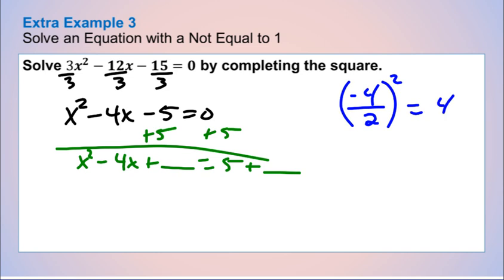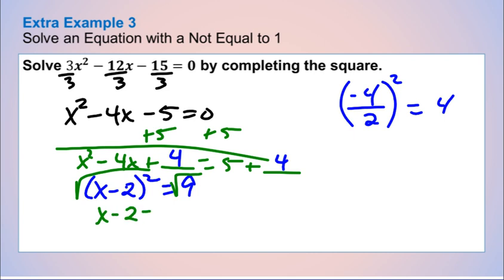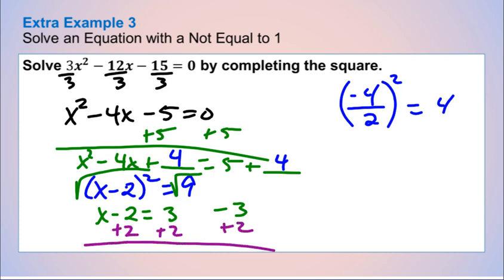Squared will give you 4. So now I have x minus 2 squared equaling 9. To undo a square, I find the square root, and I'm left with x minus 2 equaling a positive 3 and a negative 3. Add 2 to both sides, and I'm left with x equaling 5, or it can also equal negative 1.